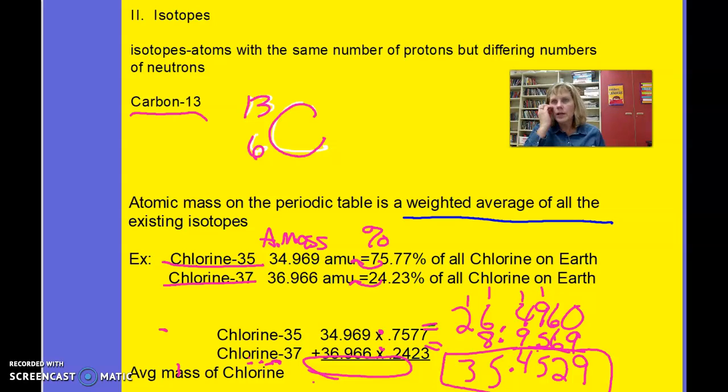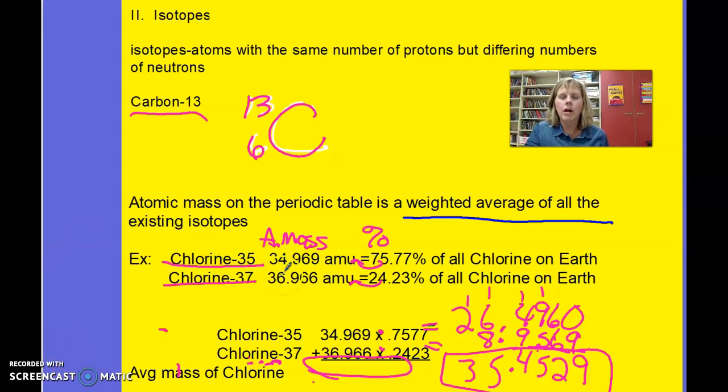So you will have to understand how isotopes differ from each other, those varying numbers of neutrons. The other thing that you will have to do on the test is calculate average atomic mass. So if I give you some fictitious element, I will give you the atomic mass number in AMUs, and I will give you the percent abundance, and you have to know how to set this up.